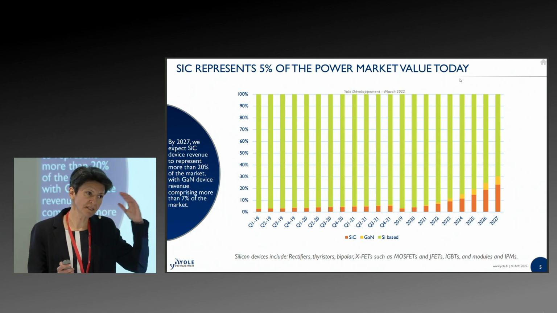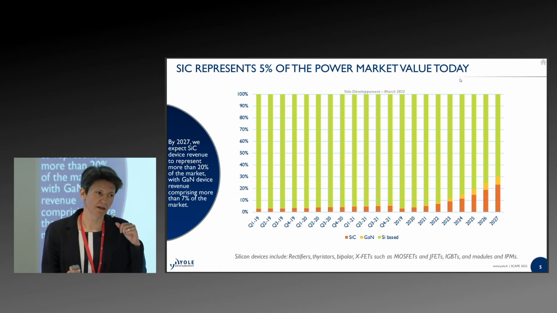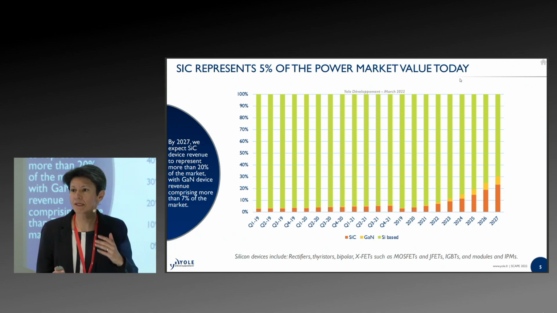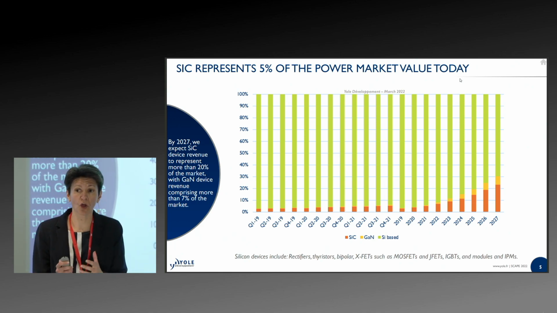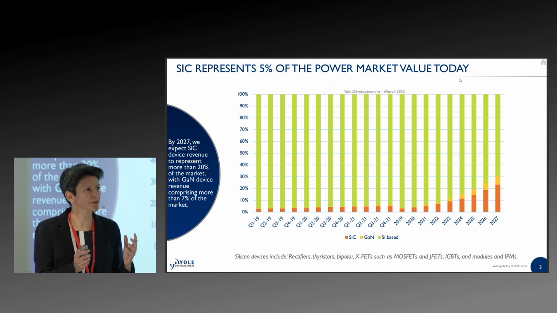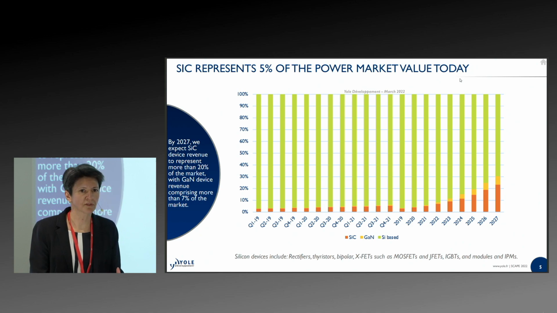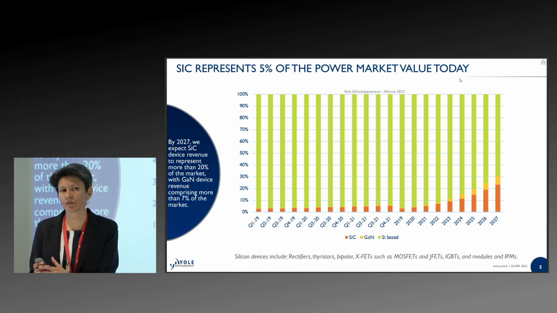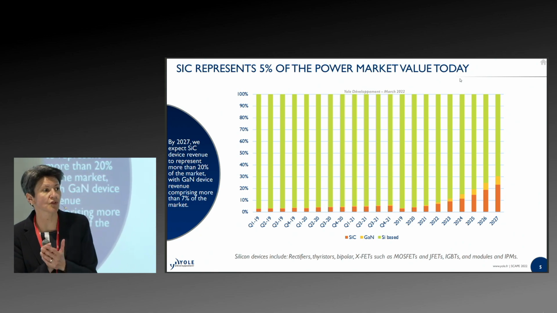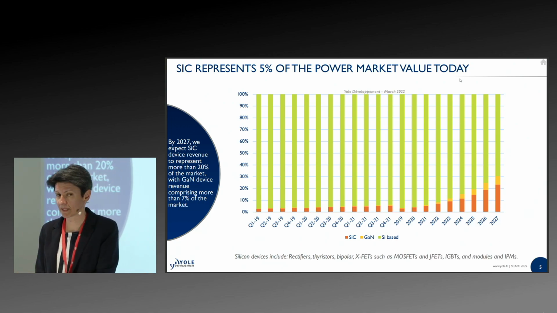So we are really starting from the end application, in rail, wind, PV, electric vehicle, looking at the needs in terms of power electronics. What are the power converters? Are we talking about DC-DC converters, inverters? What are the topologies for each of these power converters? And what kind of devices would you need? Are we talking about silicon-based devices, silicon carbide, gallium nitride, and so on?